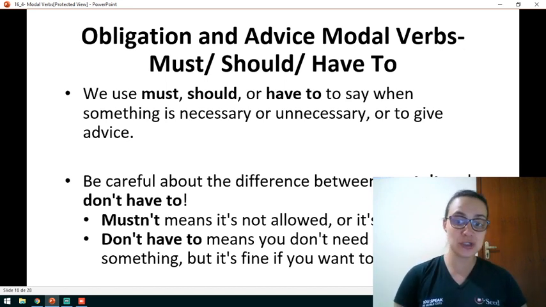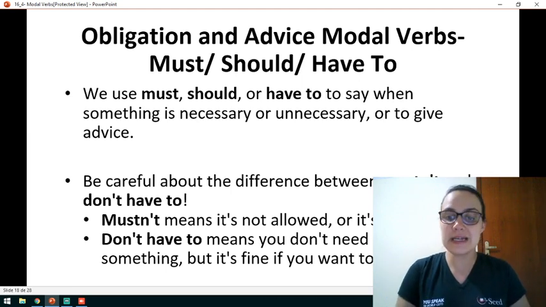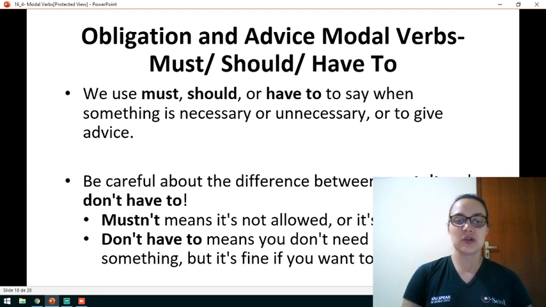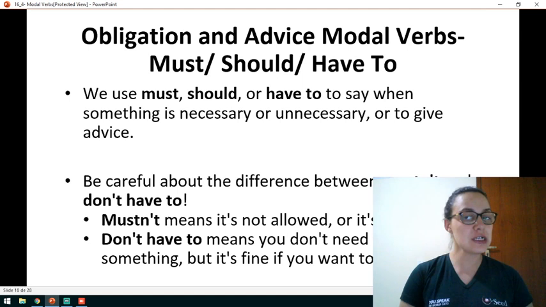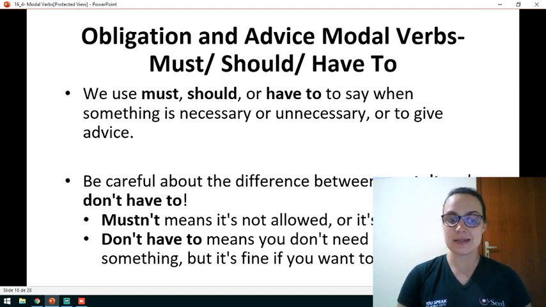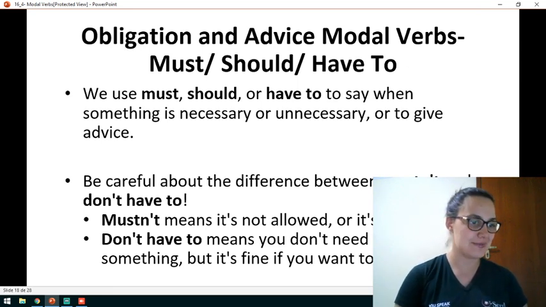Now, don't have to means that you don't need to do something, but it's fine if you want to do it. So, for example, you don't have to watch a movie without legendas. It's a good idea if you do watch the movie without the subtitles, but you don't have to. It's your preference.